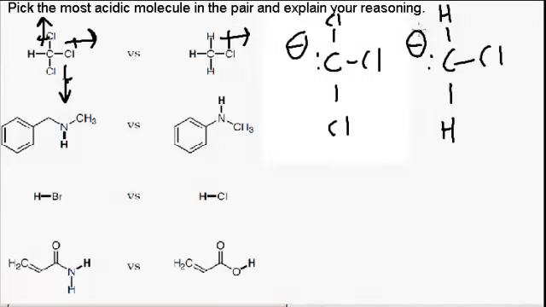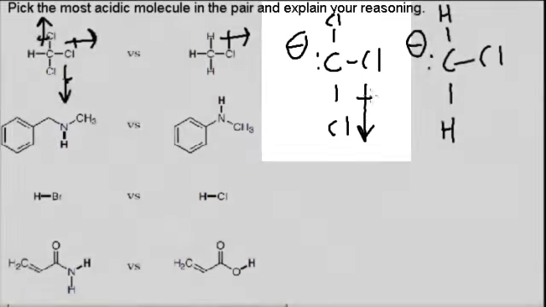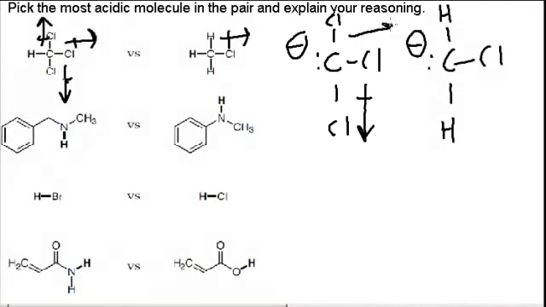The chlorines on the left-hand molecule are pulling electron density away from that negatively charged carbon by the inductive effect, and thereby making that negative charge more distributed. Whereas the molecule on the right, its conjugate base only has one chlorine. So by the inductive effect, it's only able to pull a lesser amount of electrons away from that negatively charged carbon.